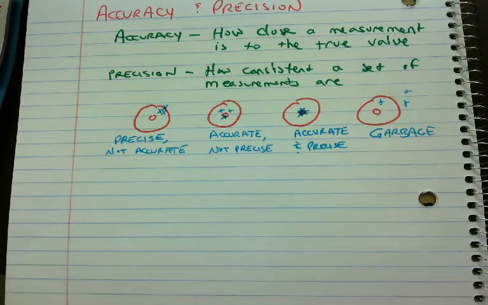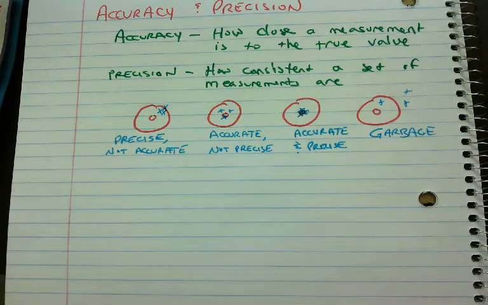If I use something like this, where I've got my meter stick broken into tenths, this meter stick would get closest to the nearest 10 centimeters. So I can be a little bit more precise with this, right? But as I get more and more divisions on my ruler, I can get even more and more precise. So if I broke my meter into 100 parts, I'd be even more precise.